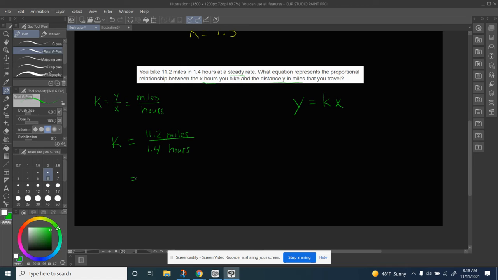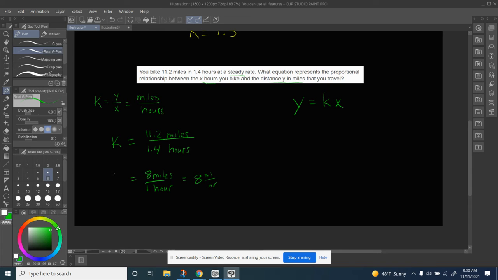So what that does is that creates a division problem. Now, this is just something as simple as typing it in, or you can actually fill it out longhand. But most of the time we're using a calculator. If you do this, you find that this ratio is 8. So it's 8 miles per 1 hour, or we could write this as just 8 miles per hour.